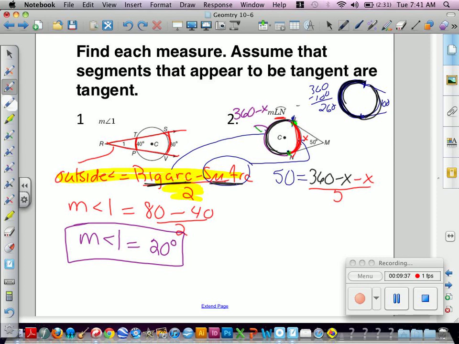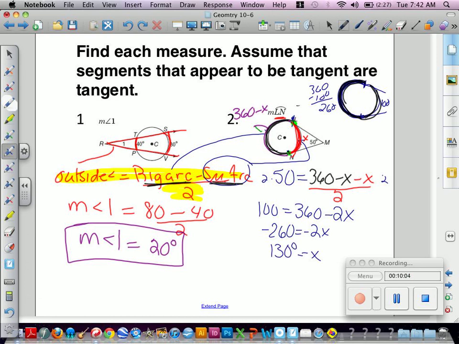And now I need to divide by 2. At this point, you're going to multiply by 2. So that gives you 100 equals 360 minus 2x. Go ahead and move your 360, which gets you negative 260 equals minus 2x, and then divide by -2, and you're going to get 130 degrees.